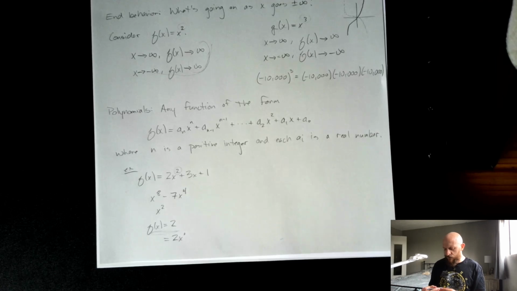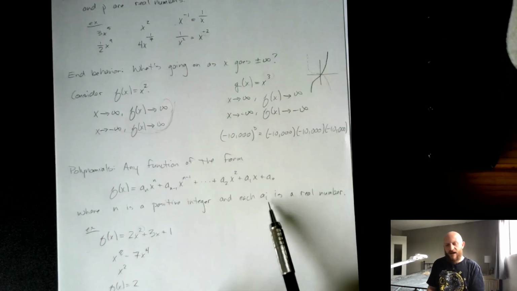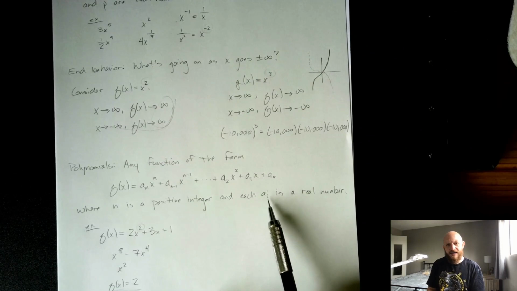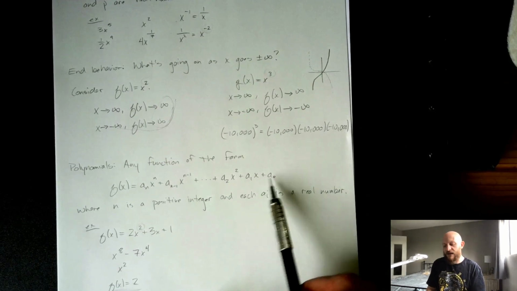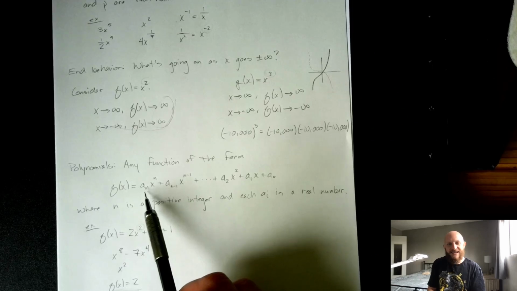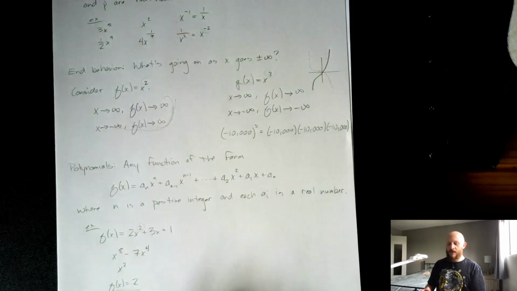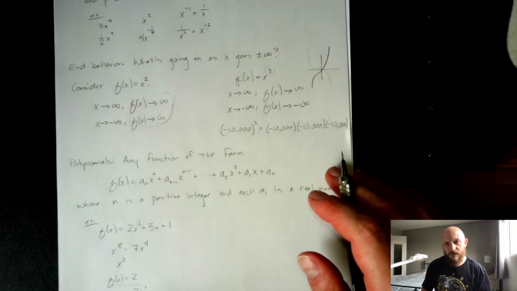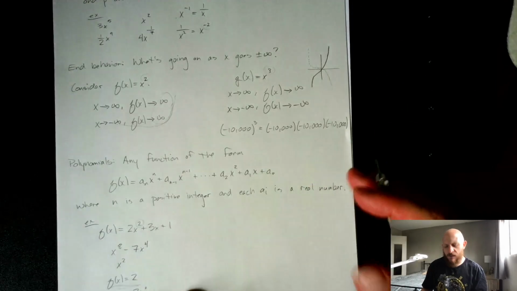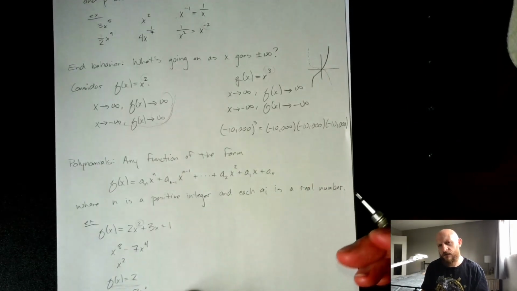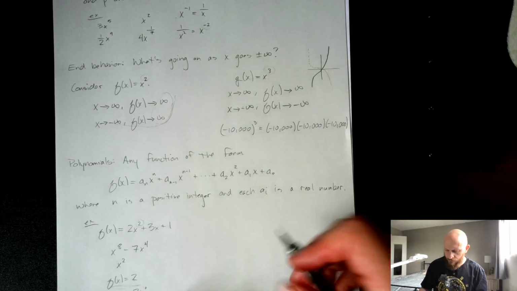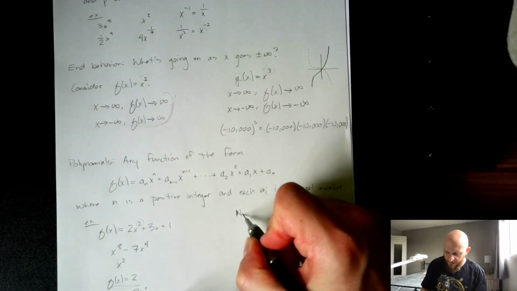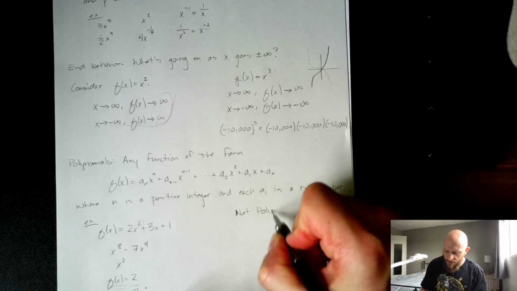Sometimes some textbooks will tack on here, each a sub i is a real number, and a sub n is non-zero. And in that way they try to exclude the 0 function from being a polynomial, but technically it is a polynomial. So what are some things, just for contrast, that are not polynomials?